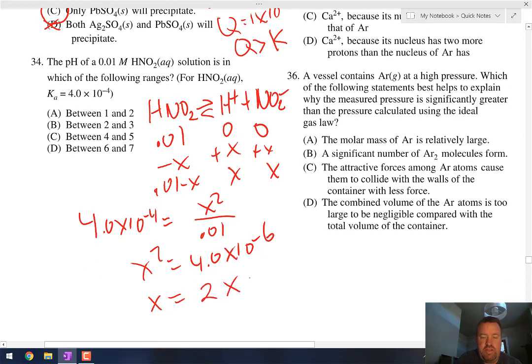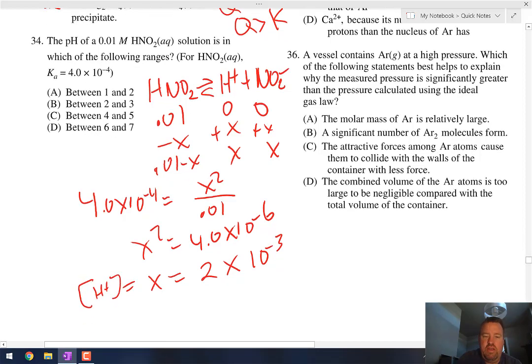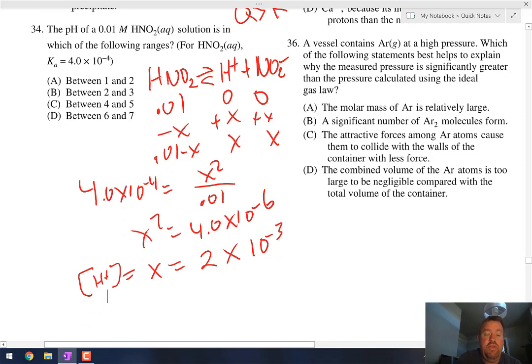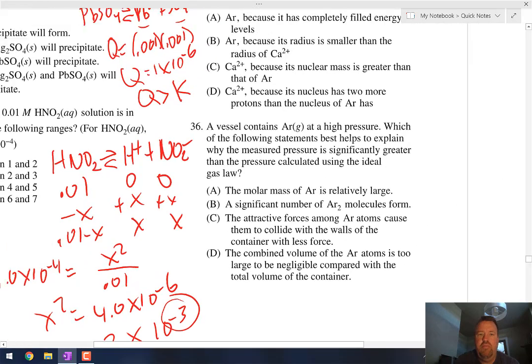The square root of something to the minus 6 is take half of it, to the minus 3. So that means that X, which is equal to the hydrogen ion concentration, is 2 times 10 to the minus third. And then again, to estimate the pH, we use that number up in the corner. We know the pH is somewhere between 2 and 3. So it's that number and then one number less. So the correct answer is certainly B.